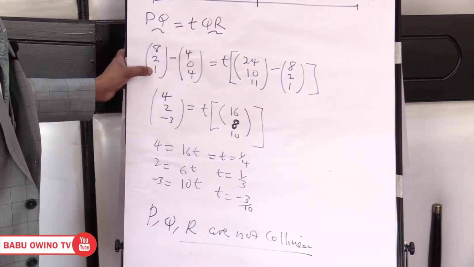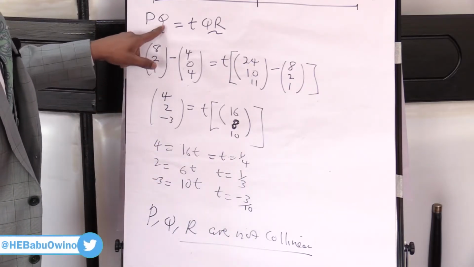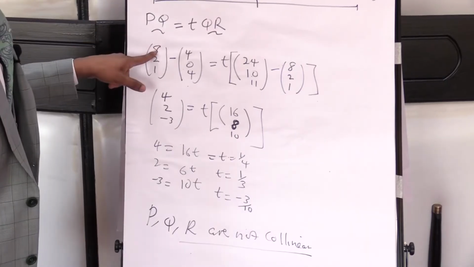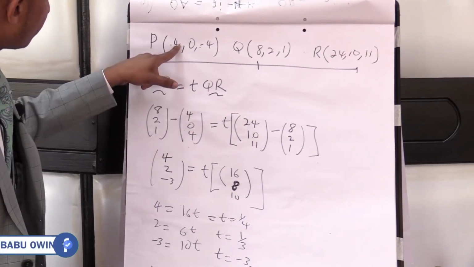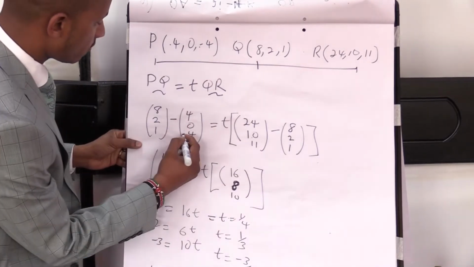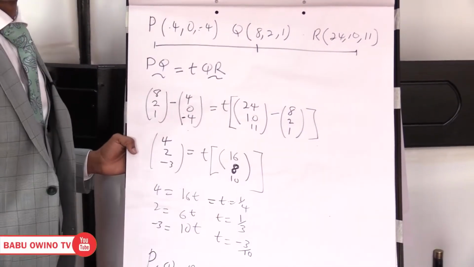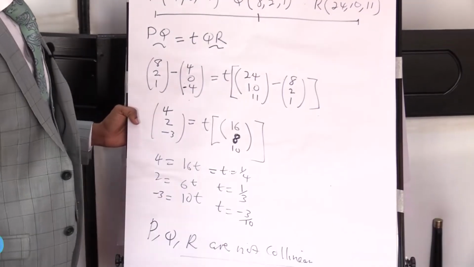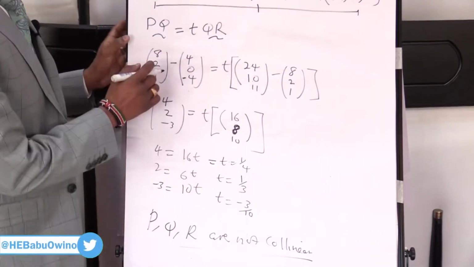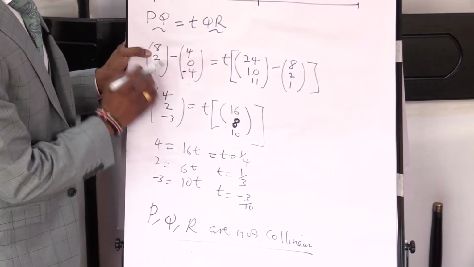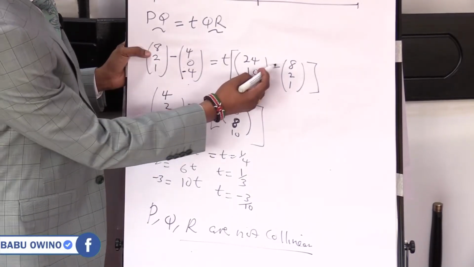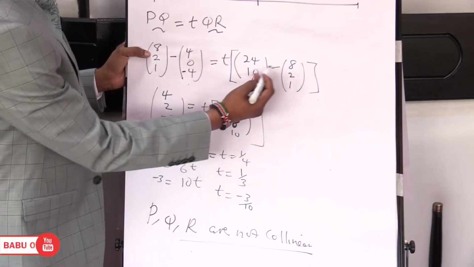Then from here, PQ is Q minus P. Q is 8, 2, 1 minus P, which is 4, 0, minus 4. Class, be very careful with the signs. If I left this sign and also subtracted wrongly, 10 minus 2, I said it's 6, but it's 8.